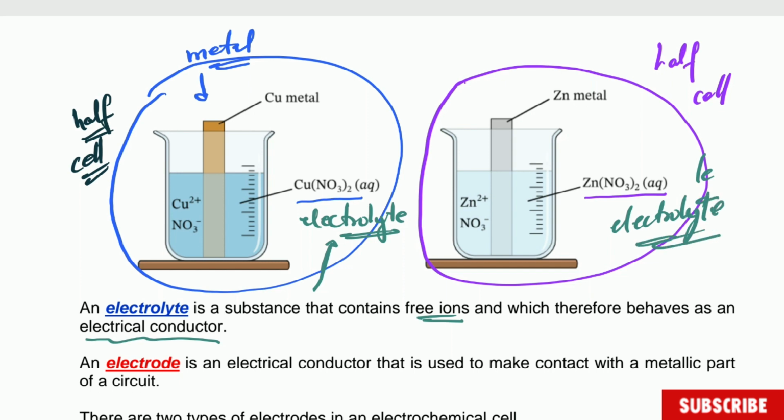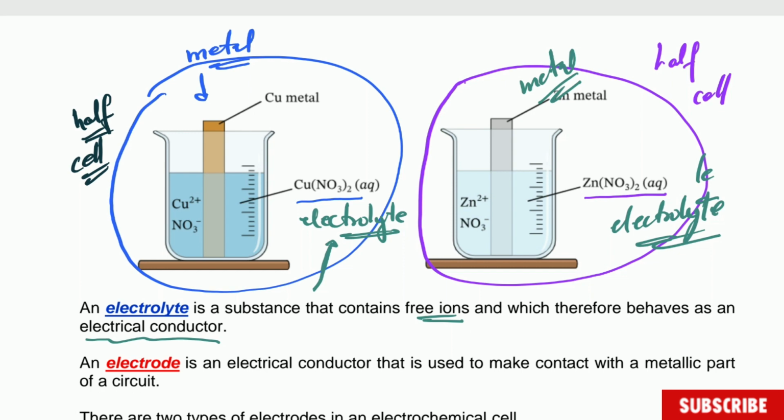Note that the copper metal is introduced in a copper electrolyte, a copper solution, and the zinc metal is in a zinc solution. That is an important detail. We're going to speak about that later on, but for now you can see the two half cells. You have a metal that is in the electrolyte. This is what we call a half cell. It is very important.